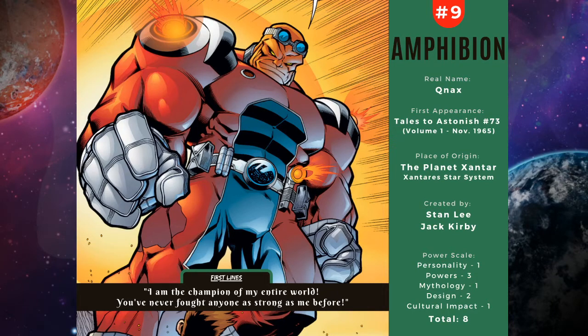And so the leader manages to convince the Hulk to go steal it for him. However, Amphibian was also on the moon at the home of the Watcher to do the same thing, but on behalf of his race on the planet Xantar, which is not Xandar from Guardians of the Galaxy.